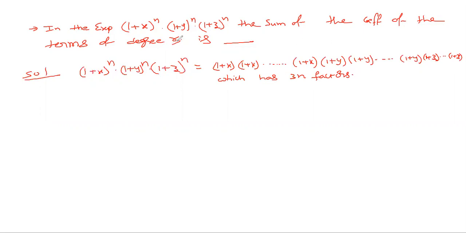We want the degree r term coefficient. That means all the degree r terms we have to add, and we need to identify the sum of their coefficients.